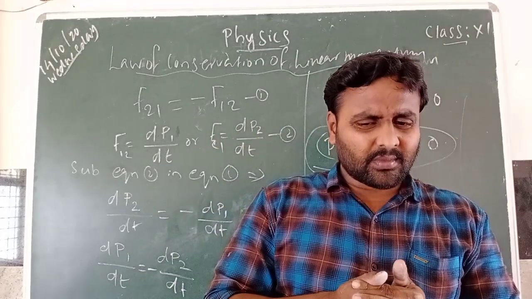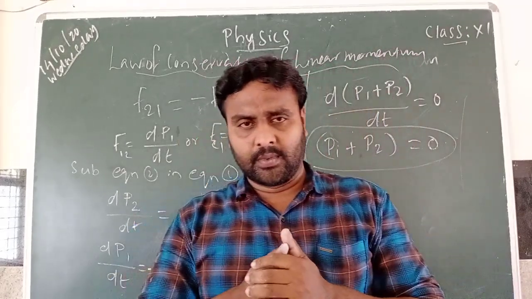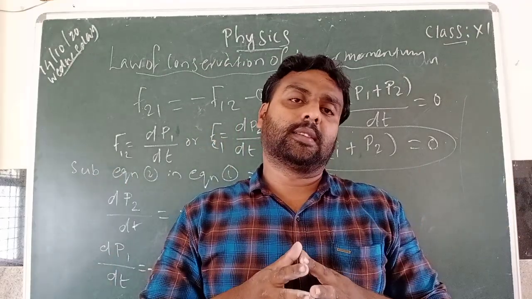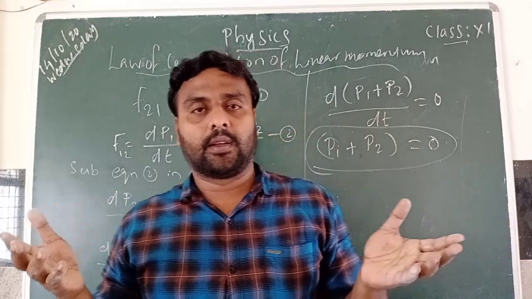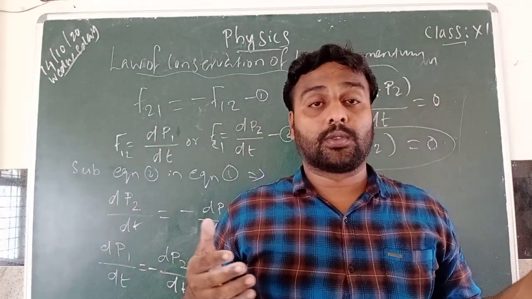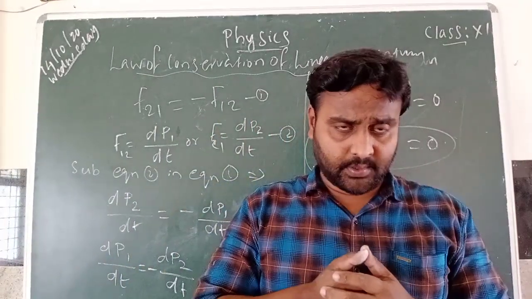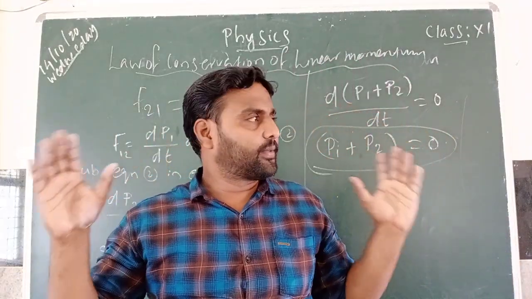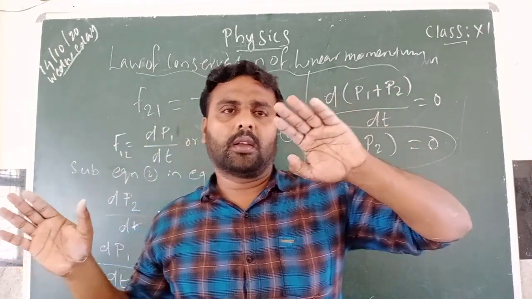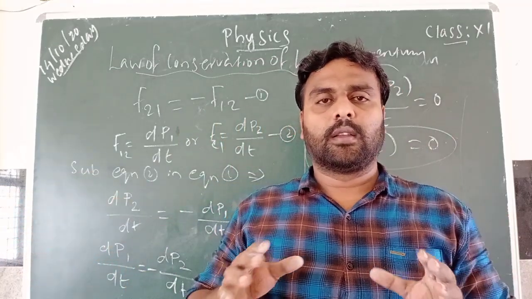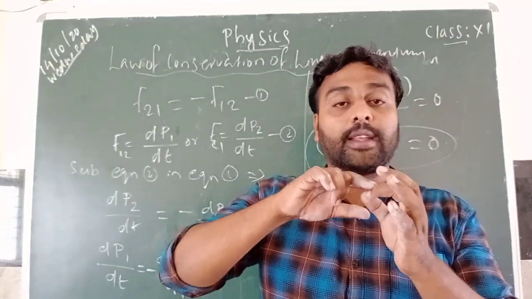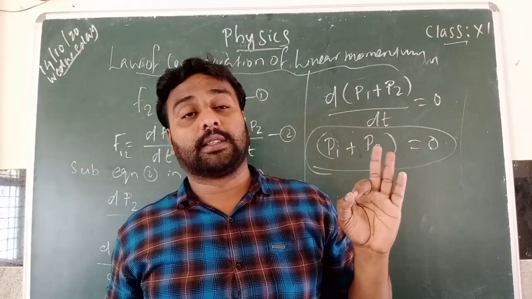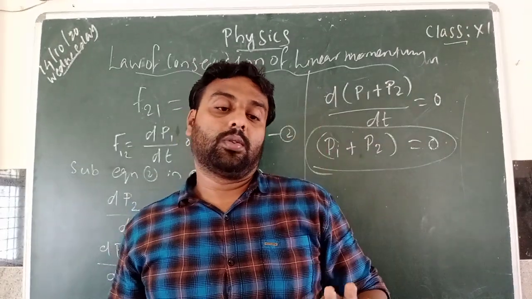The shooting, firing example. You have all seen shootings in many places, in many movies and in some games also. Here, assume that a gun is firing. During this firing, the gun is there, the bullet is there. So gun plus bullet is one system. You can see the example on page number 132.